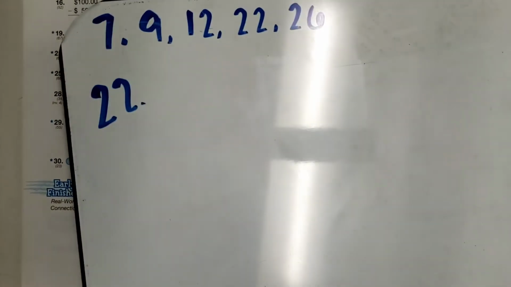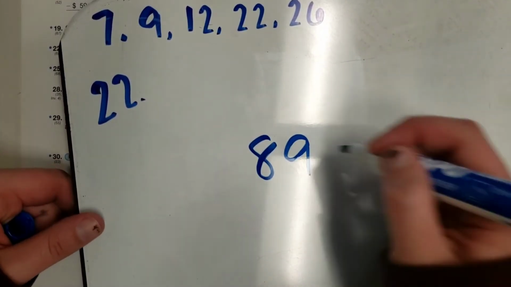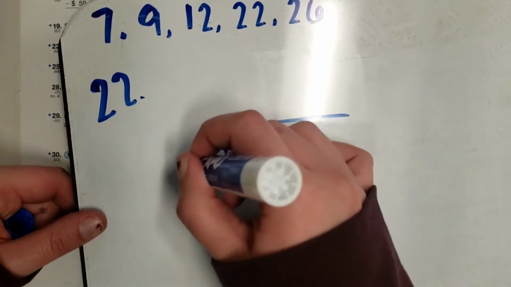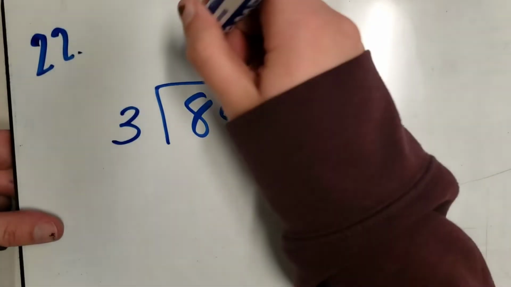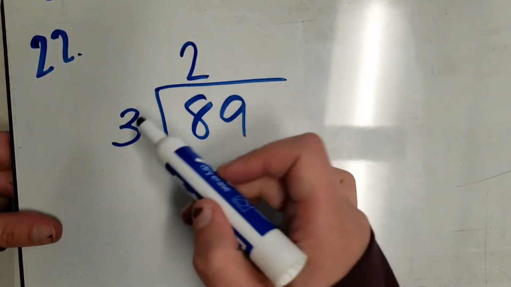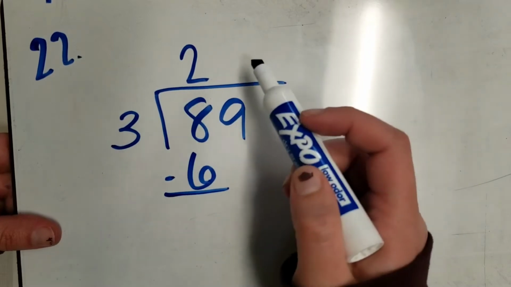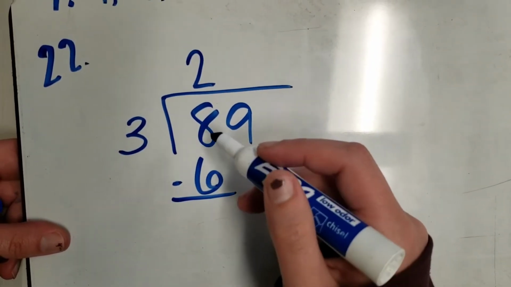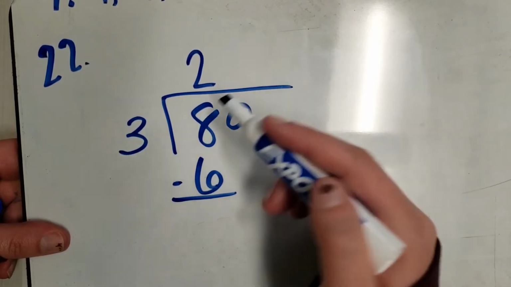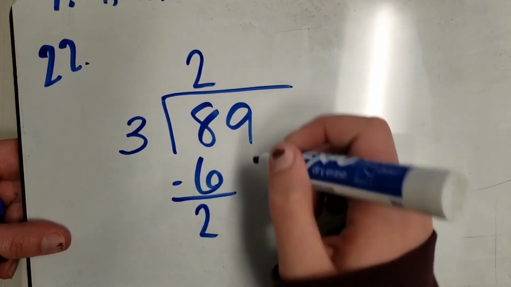89 divided by 3. So we have 89 and 3. So 3 can go into 8 2 times, because 3 times 2 is 6. We can't do 3 times because 3 times 3 is 9. That is too big. It has to be smaller than 8. So 6 subtracted from 8 is 2.